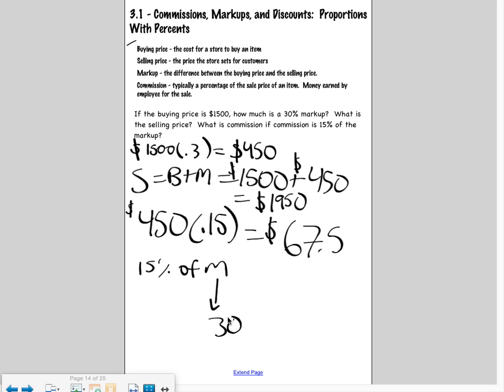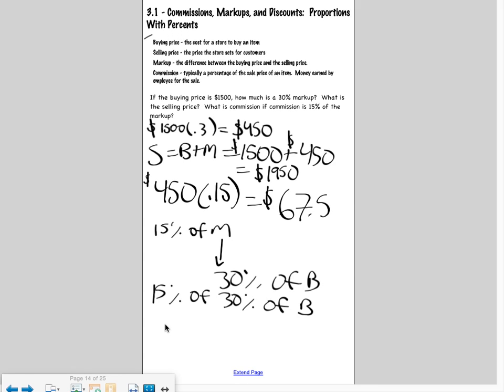So we'll say 30% of B. So what we want is 15% of 30% of B. On your calculator, you would find 15% of 30% by multiplying 0.15 times 0.3. And when you do that, you get 0.045, which we know is 4.5%. So the commission in terms of the buying price is 4.5% of the buying price.